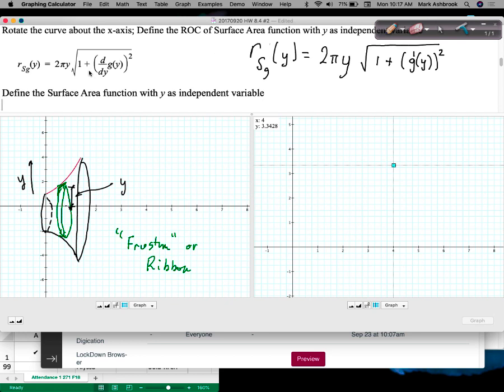So that's why we get these little slanted edges on our ribbons, not horizontal. So sweeping out the circumference according to arc length. And that gives us surface area in the end. Okay, let's see here. Spin the wheel.